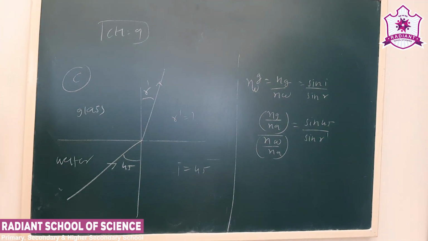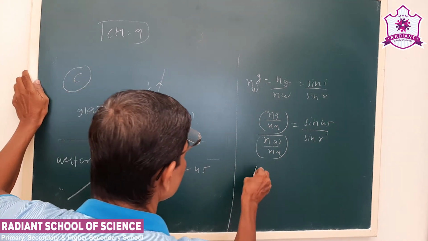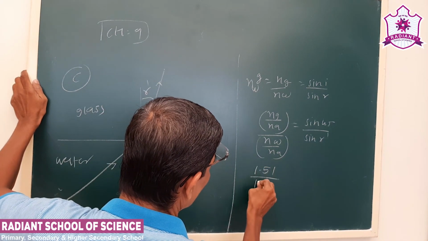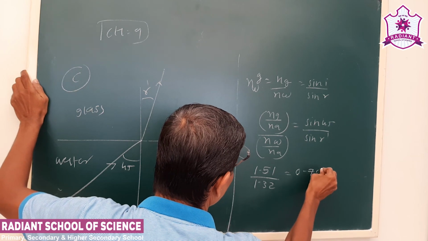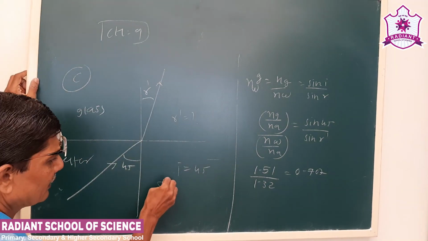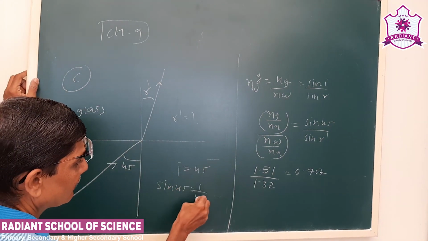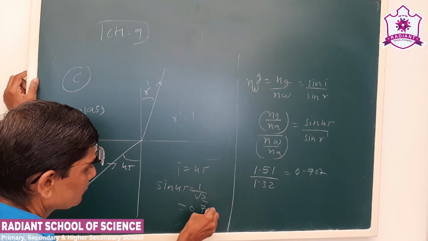Now see, refractive index of glass with respect to air we have obtained just as 1.51, and water we have obtained 1.32. Sin 45 is 0.707. Now sin 45 is 1 upon root 2 if we solve.